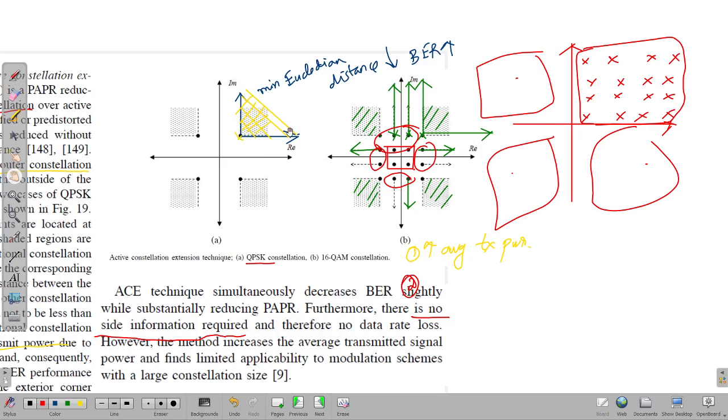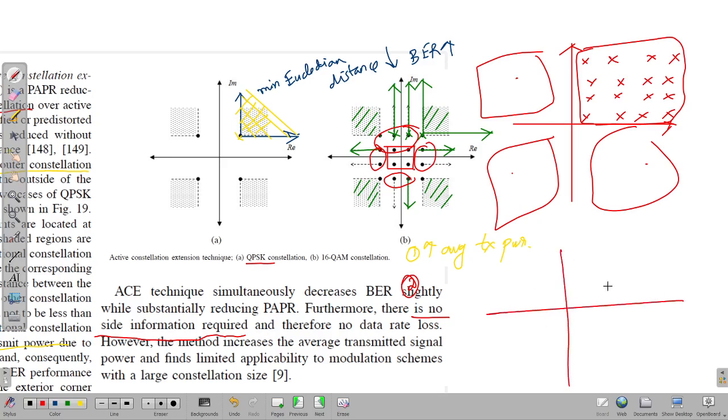You might have learned, while studying the receiver side of communication systems, that you have a detector or some kind of receiver in order to decode the received symbols, and these receivers, whether it is maximal likelihood or MMSE or zero forcing, have a decision region.